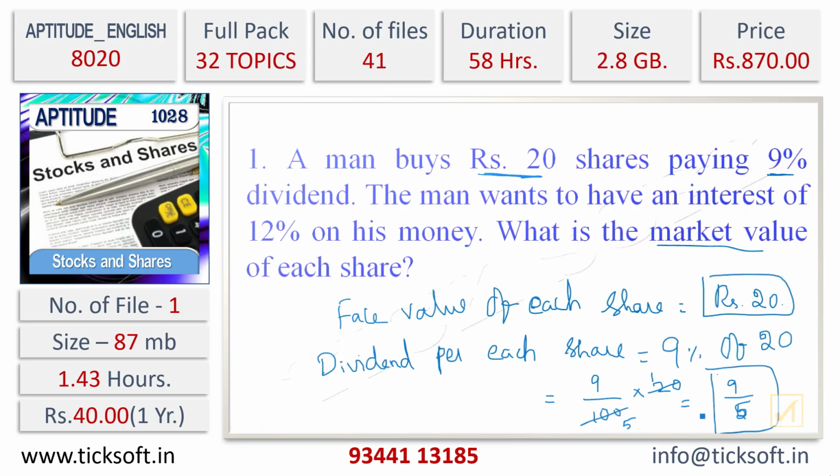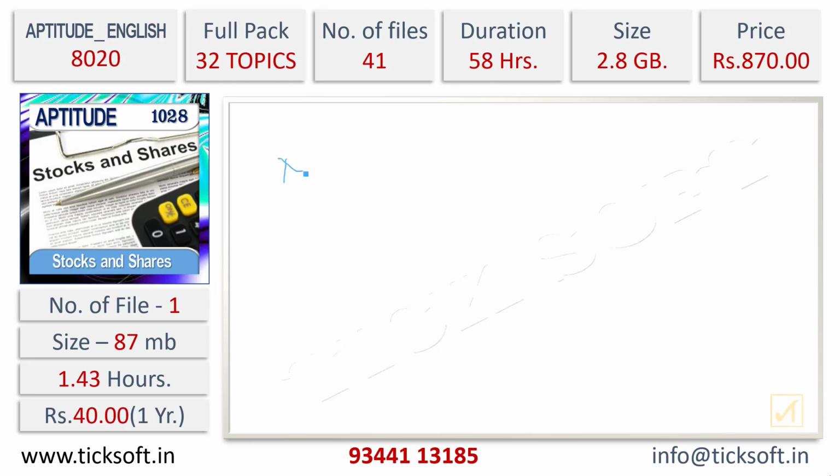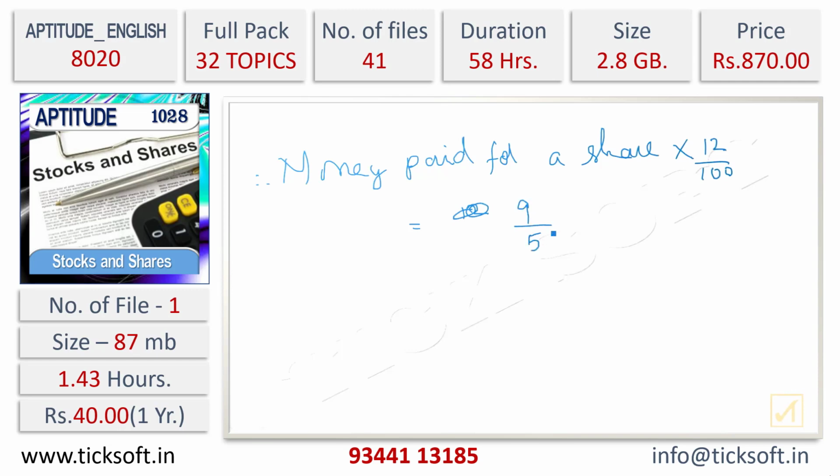So we have the face value and the dividend per each share. Now by using this, we have to find the required answer. Here we already know that the man wants to have an interest of 12% on his money. So therefore the money paid for a share into 12%, that is 12 by 100, will be equal to the dividend per each share.